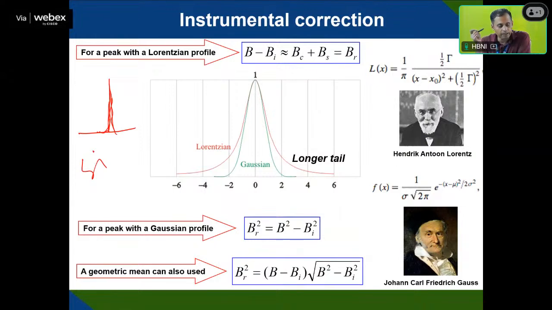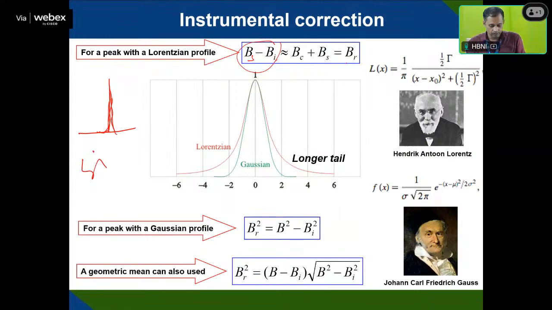Most instruments follow either a Lorentzian profile or a Gaussian profile. If it follows a Lorentzian profile, it is simply B minus B_I. You get the B from the sample, and B standard, that is B instrumentation, is to be subtracted in this way.